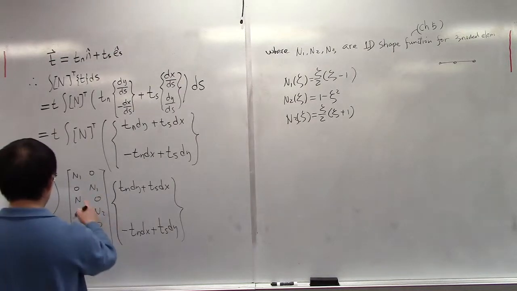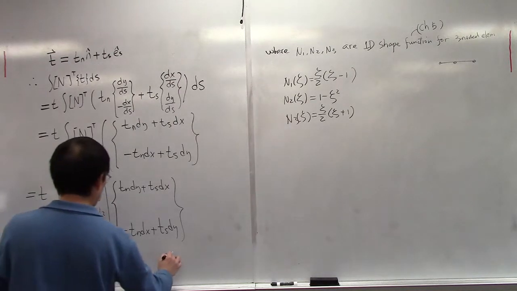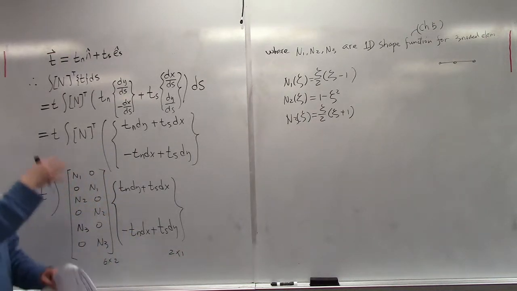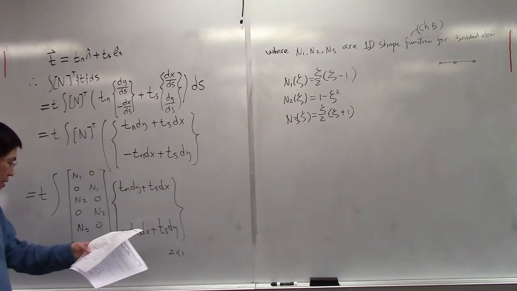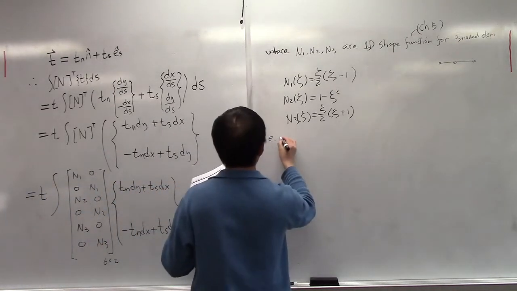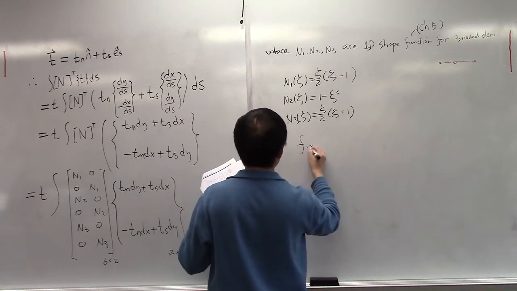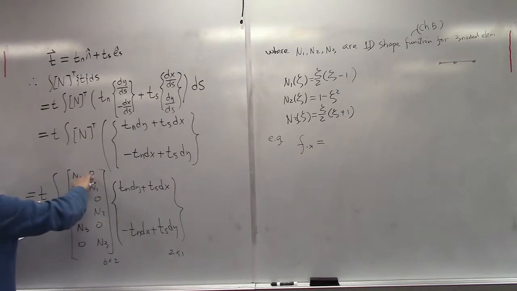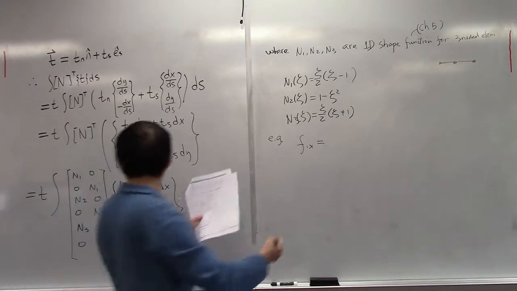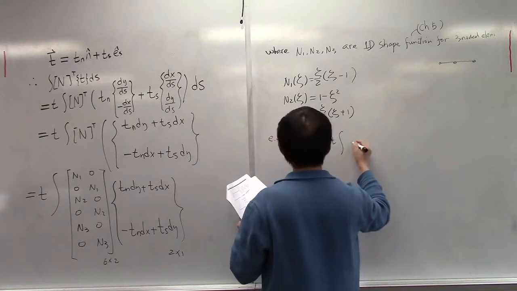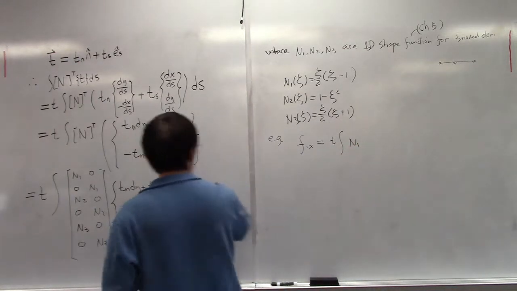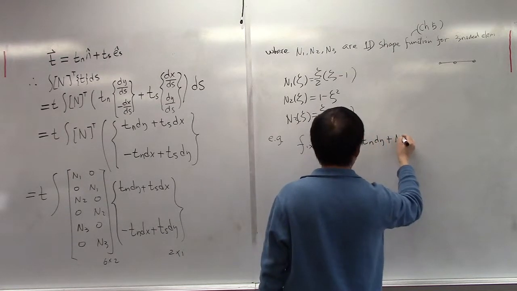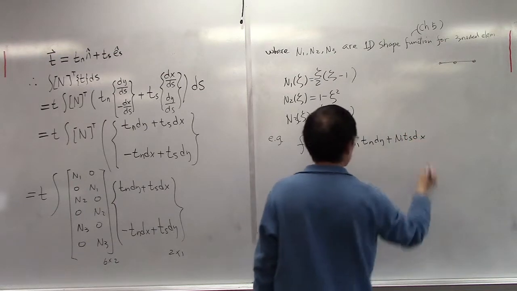Okay, and with that, we can say if you take this, this is 6 by 2, and this is 2 by 1. So at the end, you will have a 6 by 1, which is a 6-component vector. Okay, let's say, for example, f1x will be equal to, we will take the first element here, which is equal to this times this and add it together, will be equal to t times n1 times this guy, Tn dy, plus n1 Ts dx.